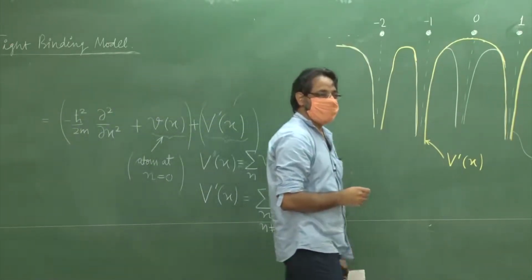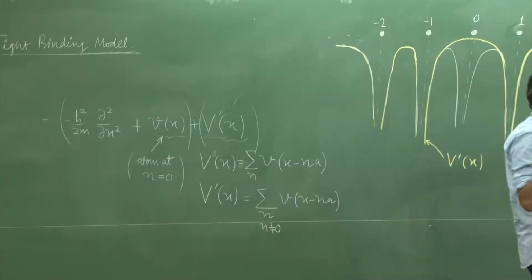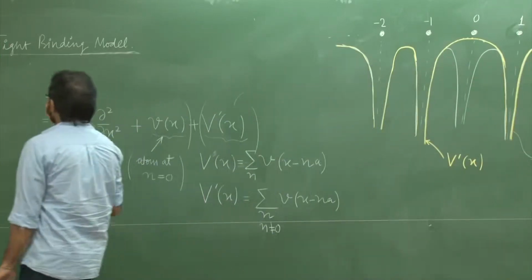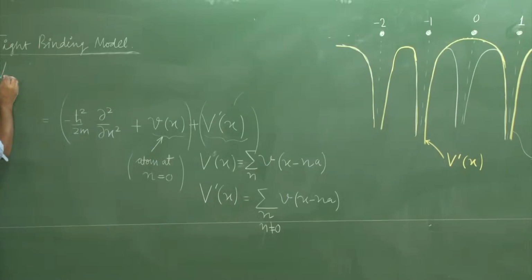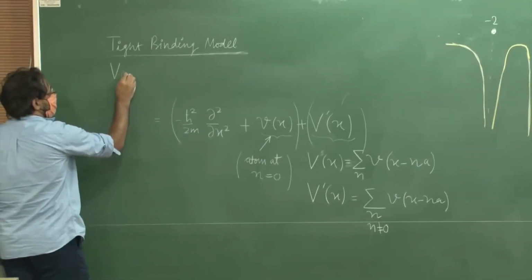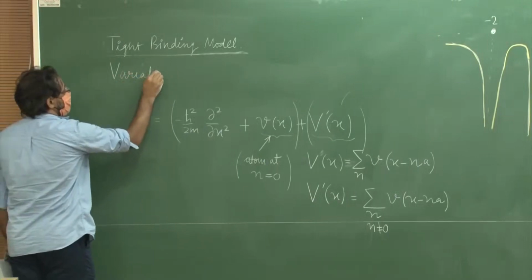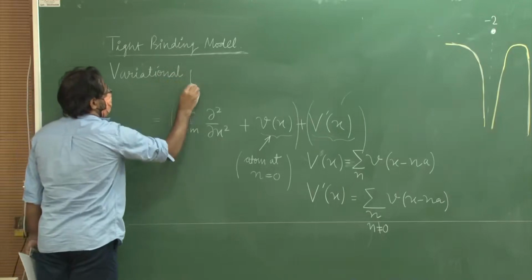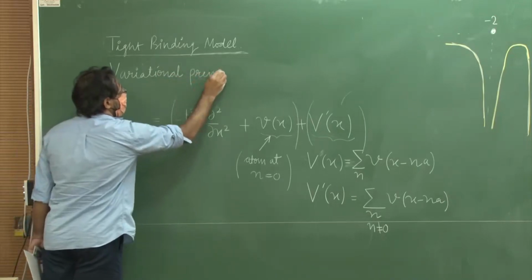Had it been weak, we could have treated it perturbatively and used the same technique which we used yesterday, right? So here we are going to use another very commonly used method in quantum mechanics, the variational principle. Do you remember using it before?